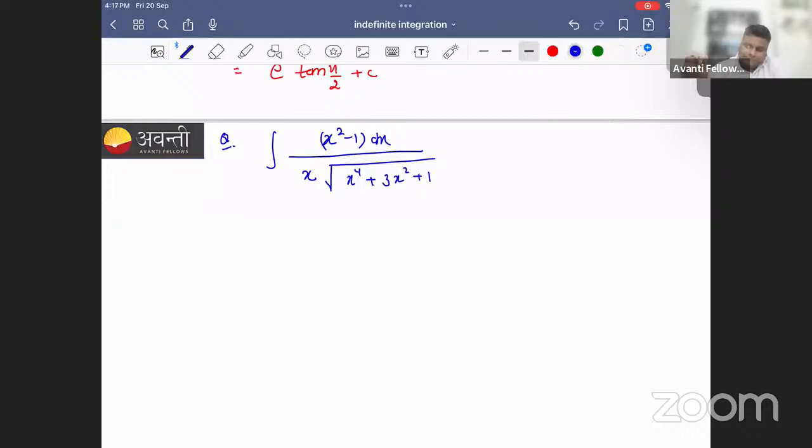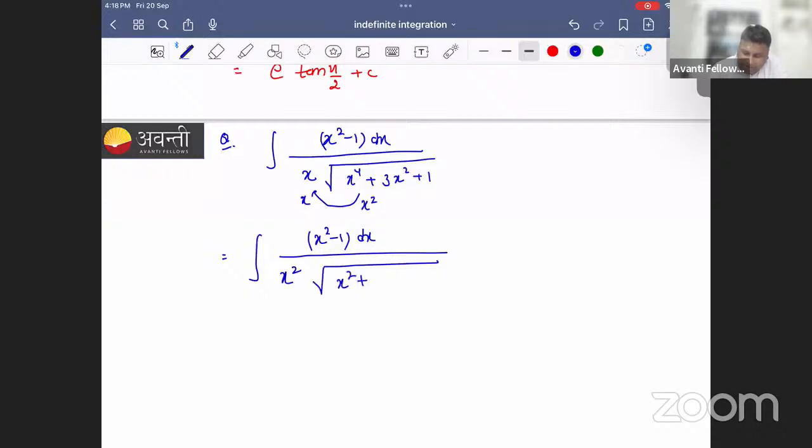Now see what I do, bring x square out from the under root. So it will come out as x. So this will become integration (x square minus 1) dx upon x square, and inside the root it is x square plus 3 plus 1 by x square.